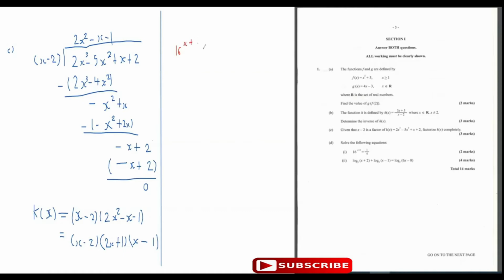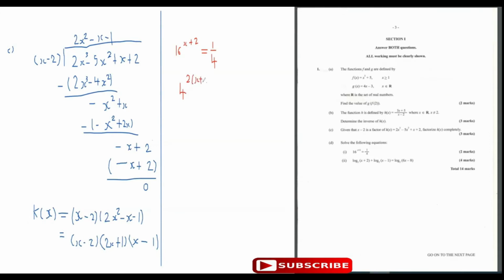The first thing is we know that we can write everything to base 4. We can rewrite 16 as 4 squared. So it's 4 squared to the x plus 2.